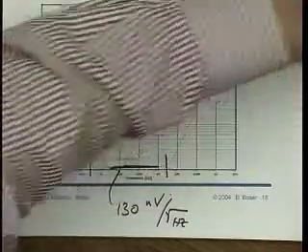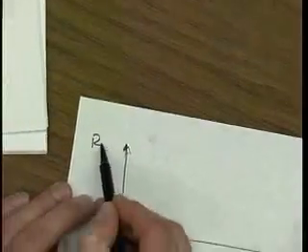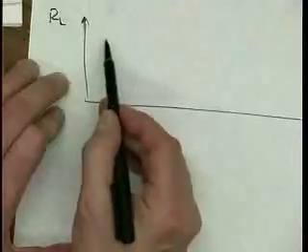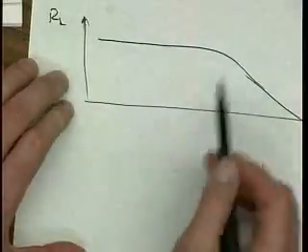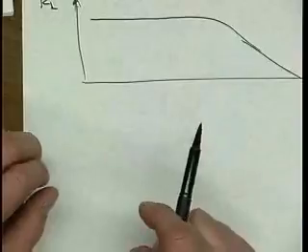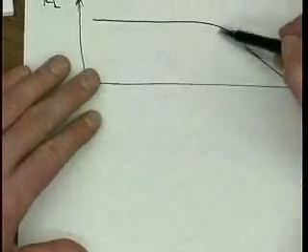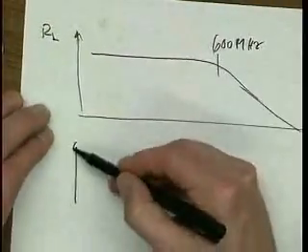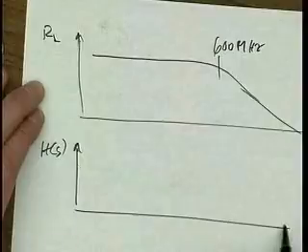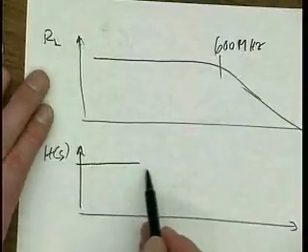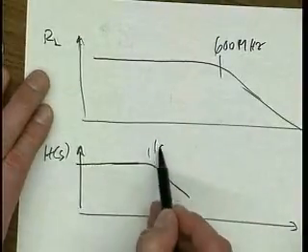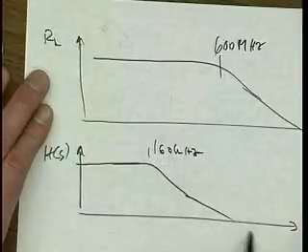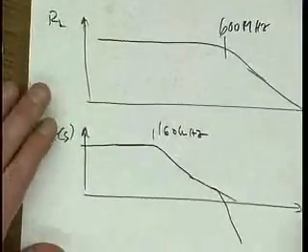The noise from these sources, let's say RL or ID, even at high frequencies, looks something like this, and rolls off a little bit, but it rolls off at around 600 megahertz. But H of S rolls off at 160 kilohertz, and then again at 600 megahertz with the second pole.